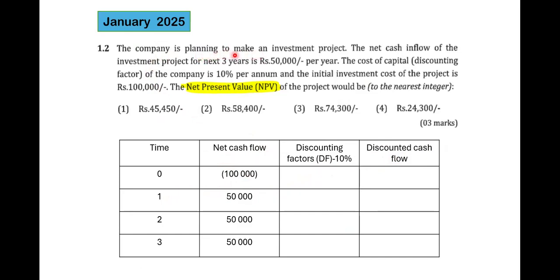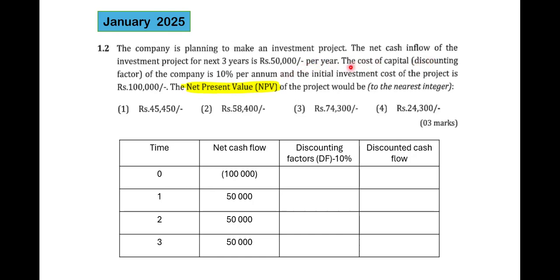The company plans to make an investment project. The net cash flow of the investment project for 3 years would be 50,000. This is the cash inflow. If we invest in the project, we can earn 50,000 at the end of every year.